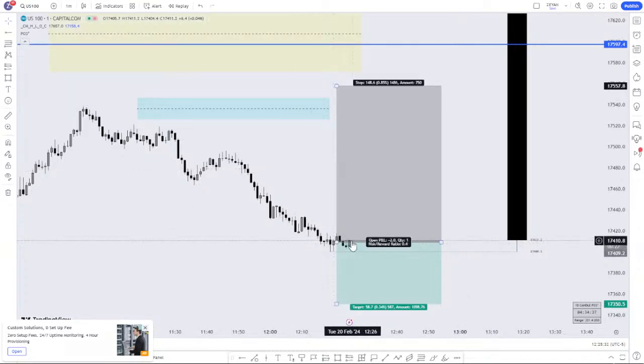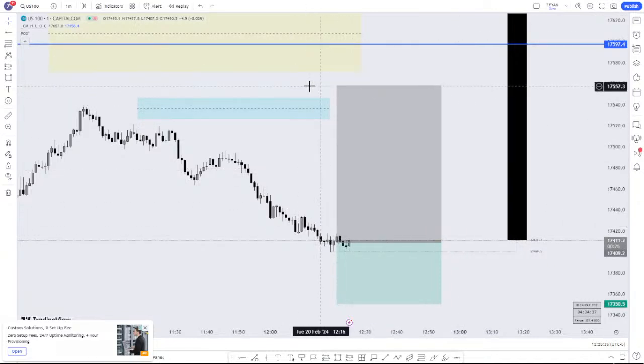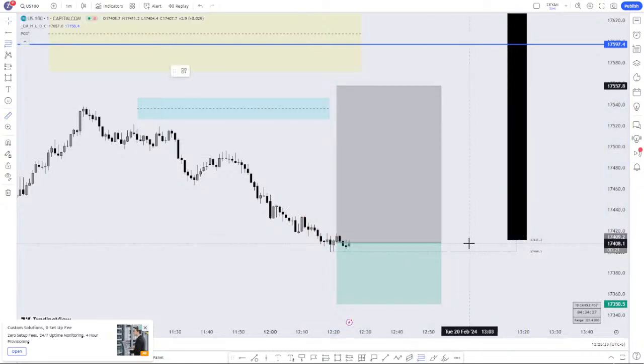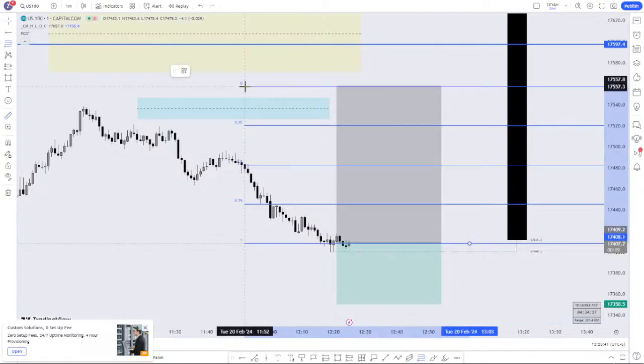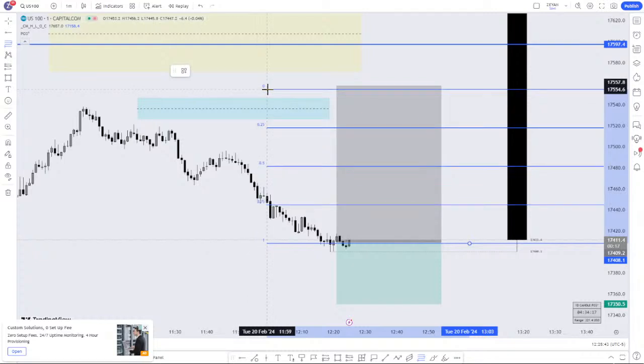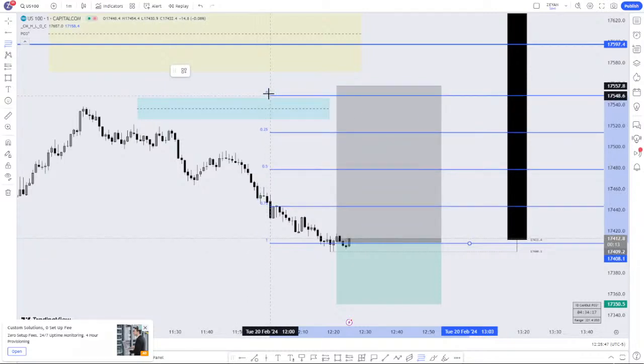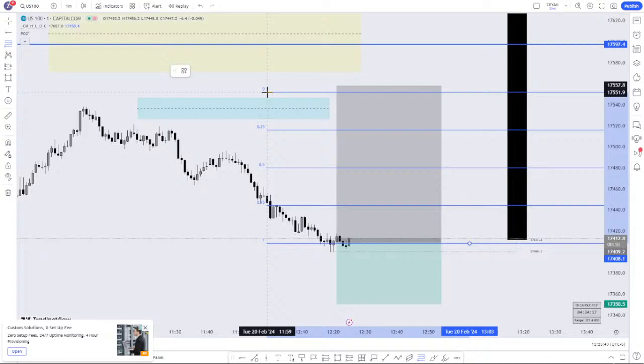From this point to that point, this is an example. Please do not take this as a trade or anything. I've explained a lot of things earlier if you just joined.